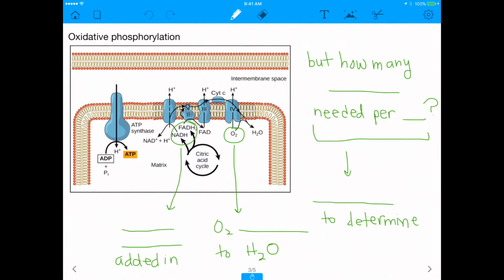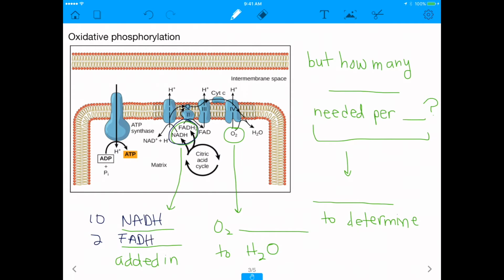In the process of oxidative phosphorylation, recall that I noted on the previous page that we have NADH and FADH2 here, so this is where they're added in. Remember, we had 10 NADHs and 2 FADH2s.